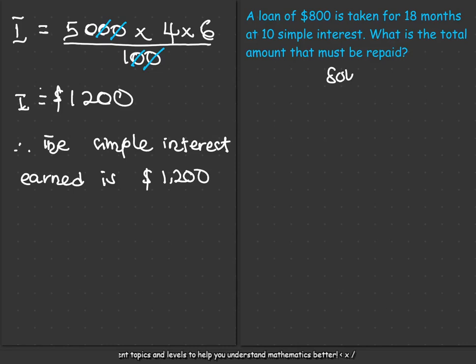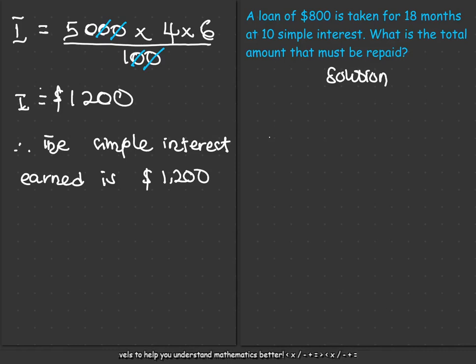Our solution. Take note of what we are being asked to look for. The total amount. And if you remember, the formula for the total amount is the principal plus the interest. So it simply means before we get our total amount, we need to first calculate the simple interest. Then we add it to the principal.